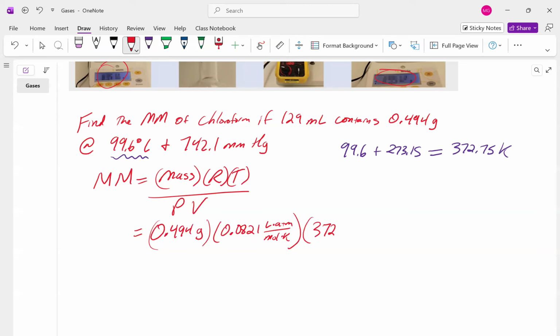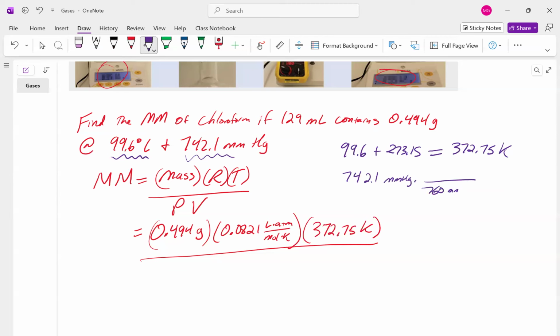So plug that in. All right, pressure now. Here's my pressure, 742.1 millimeters of mercury. But again, because my constant has units of atmospheres, I'm going to do a quick conversion here. I know that there's 760 millimeters of mercury in one atmosphere.